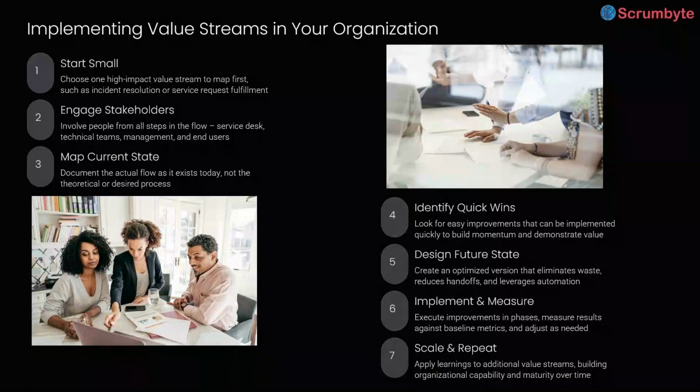Repeat means your future state will now become the current state next time you go through it, and you will try to find more wins. So this is the continuous part that you need to keep working on. This way you can implement a value stream in your organization fairly quickly.